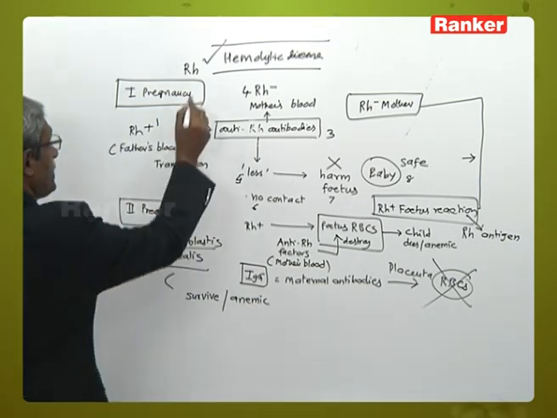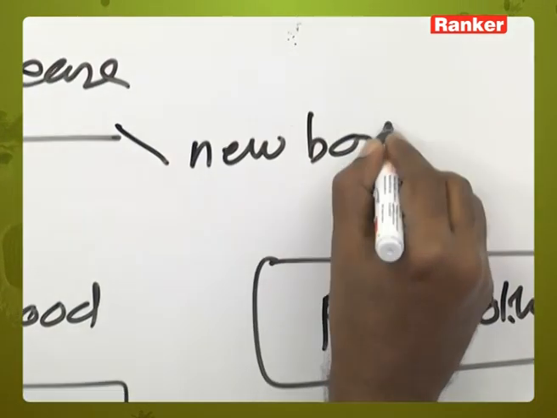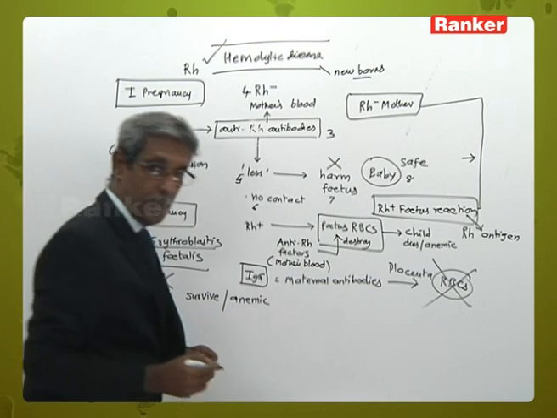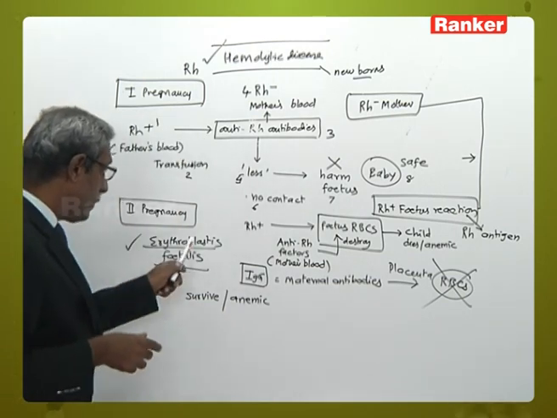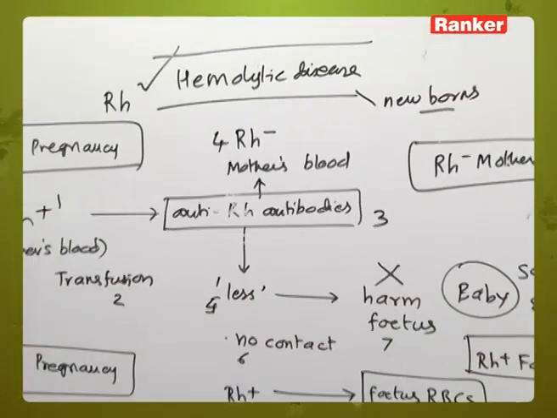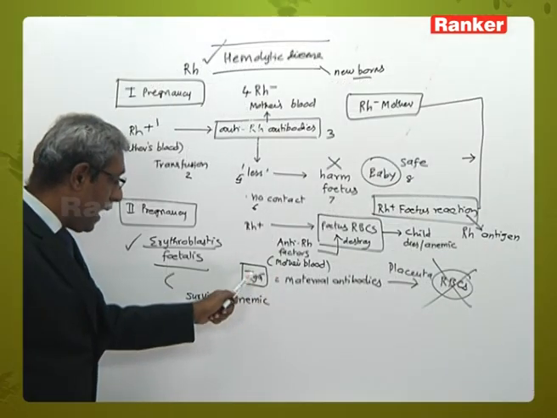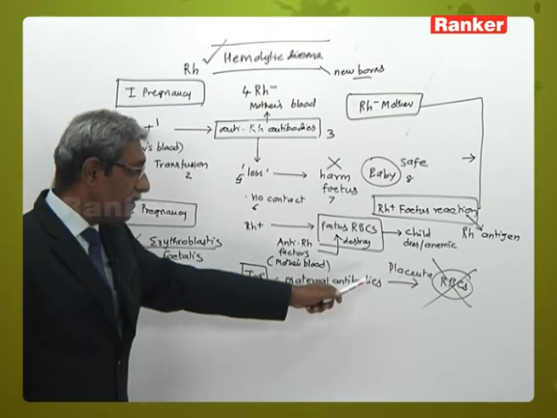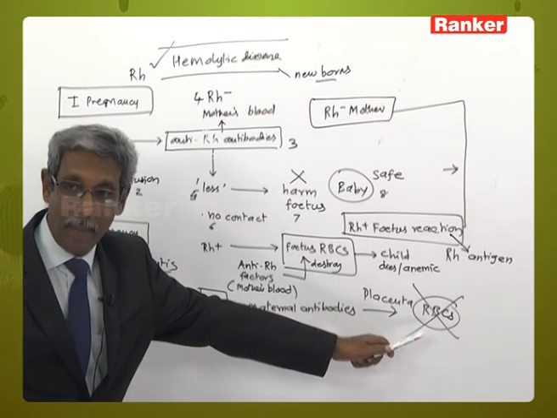So this is termed as hemolytic disease of the newborn. So erythroblastosis fetalis, hemolytic disease, is related primarily to the second pregnancy, when we have the maternal antibodies entering through the placenta and destroying the red blood corpuscles of the baby.